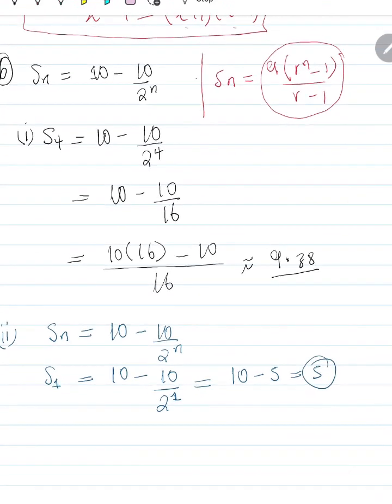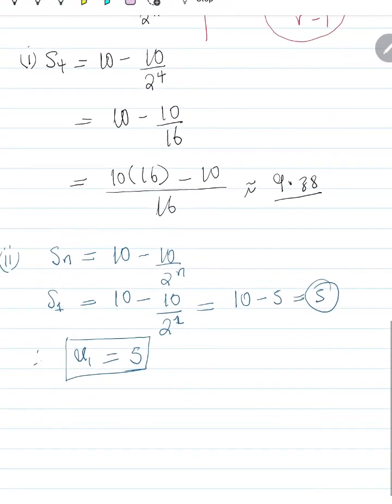So therefore you could say A1, or just A, is equal to 5. So this is the first term. Always remember to show your working whenever you are solving.